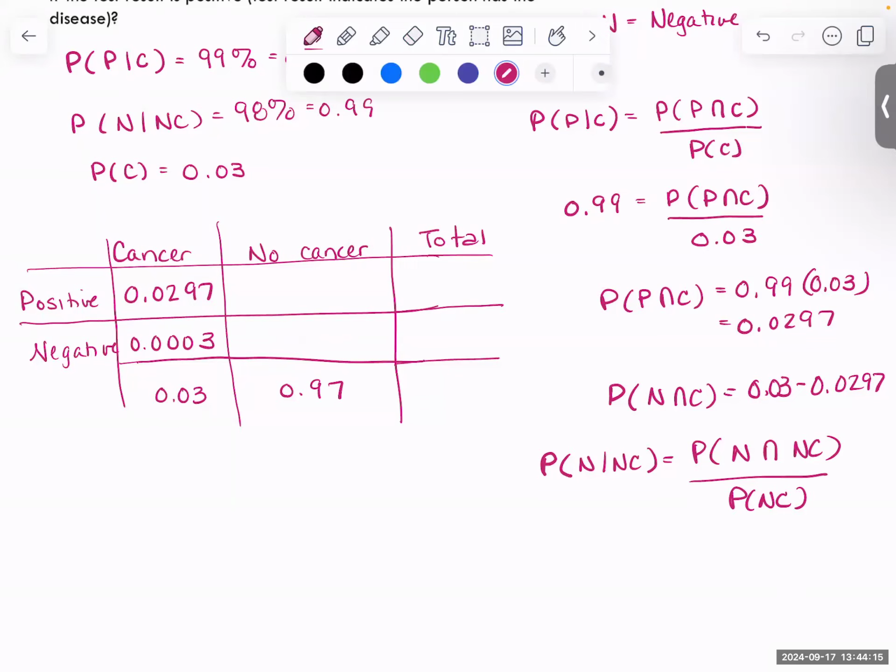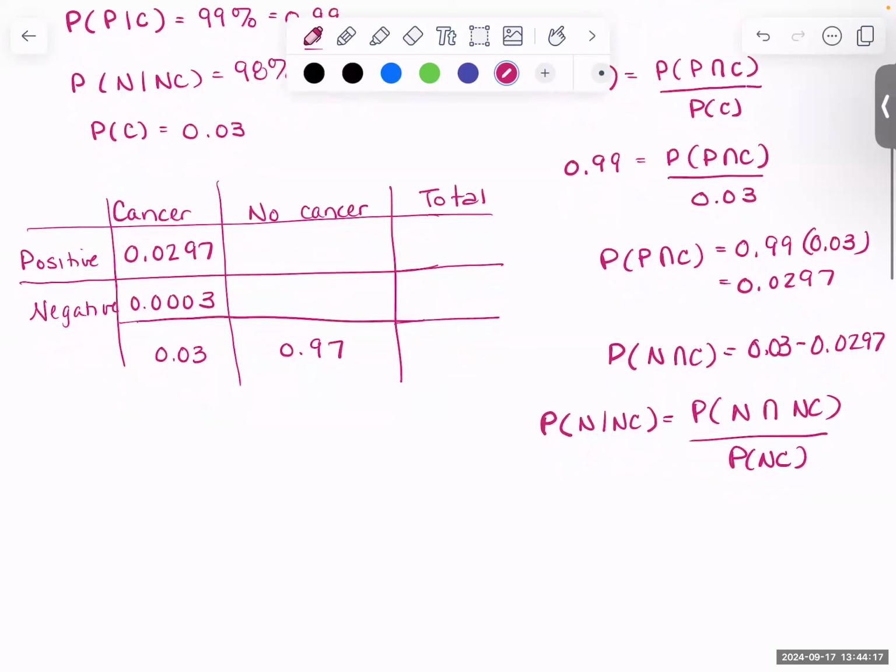So let me erase that. And let's plug in the numbers and find the probability that I test negative and I don't have the cancer. So the conditional probability that I test negative given that I don't have cancer is 0.98, which equals the probability that I test negative and I don't have the cancer divided by the probability that I don't have the cancer.